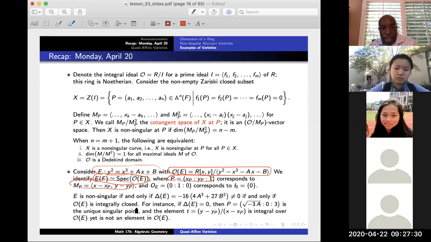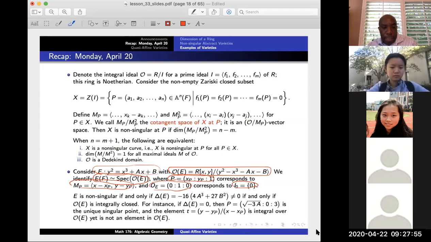And I can think of the point at infinity, because I just have one more, as corresponding to the zero ideal. Right, so again, affine points correspond to the maximal ideals. The point at infinity will correspond to our zero ideal. So we're going to think of E of F as spec of the coordinate ring.